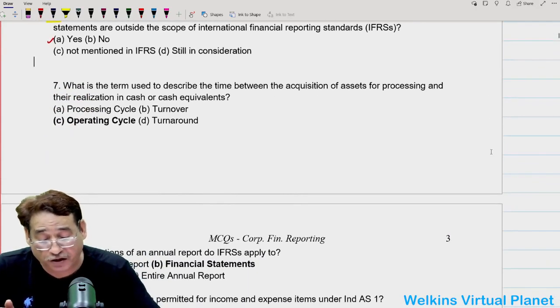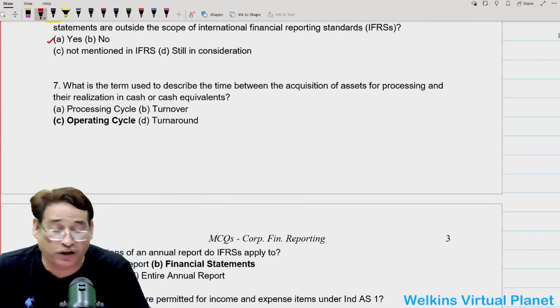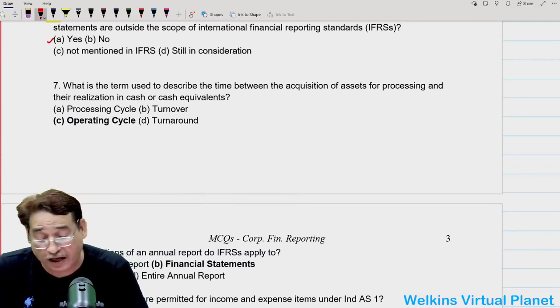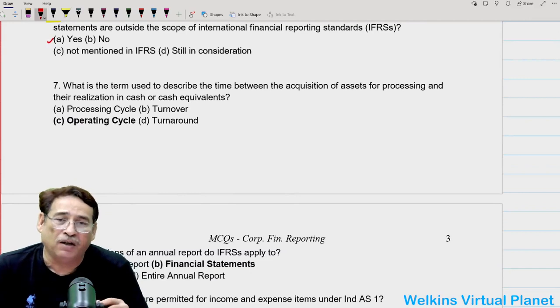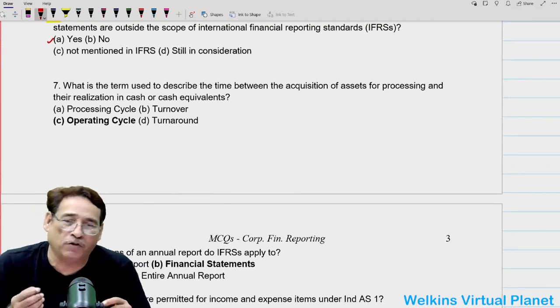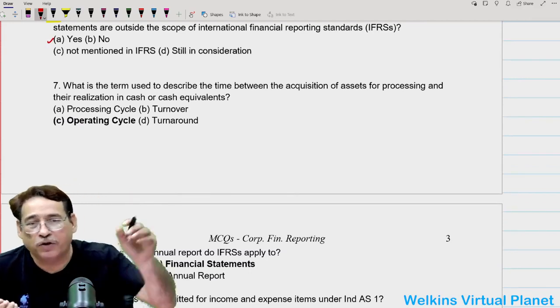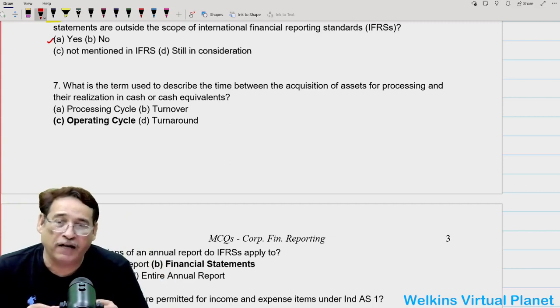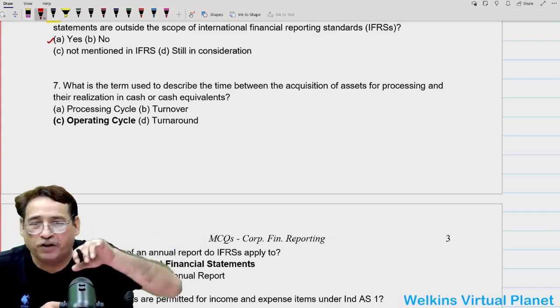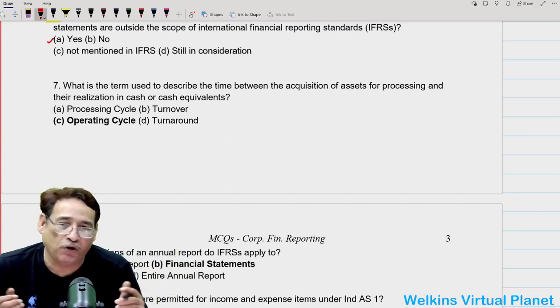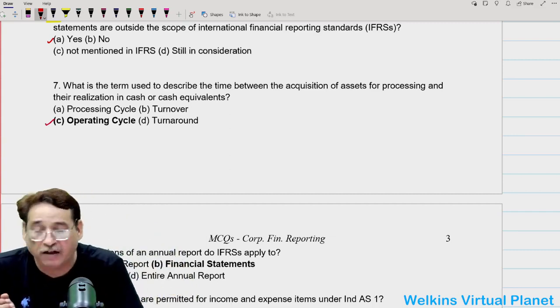Now, what is the term used to describe the time between the acquisition of assets for processing and their realization in cash? You are well acquainted with this particular term, correct? Suppose today I am going to acquire a particular asset. The period which will lapse before this asset can be turned into cash is known as the operating cycle, correct?